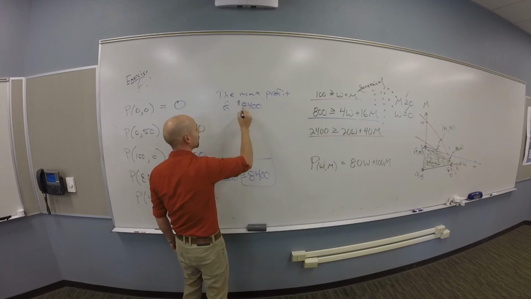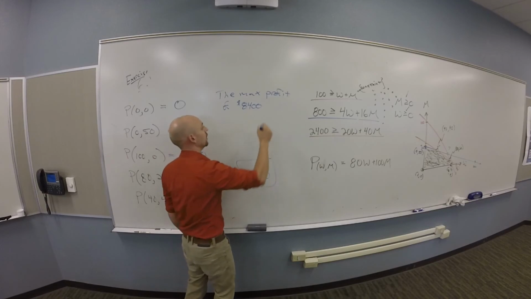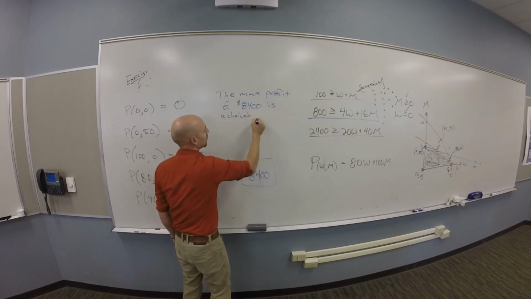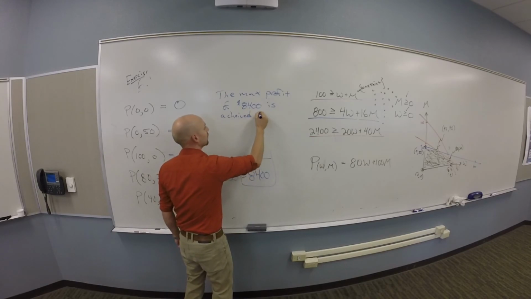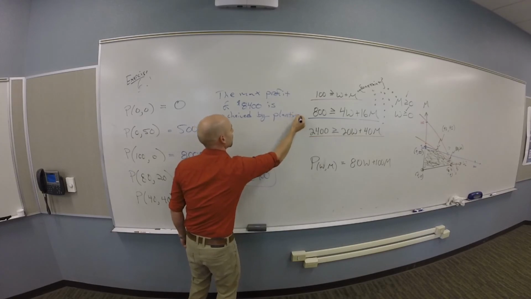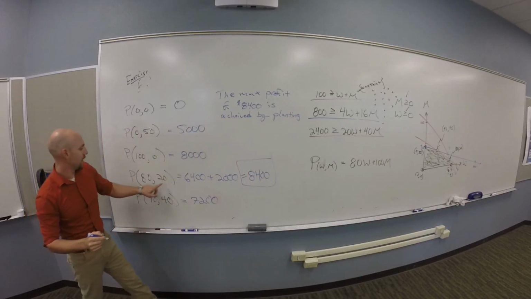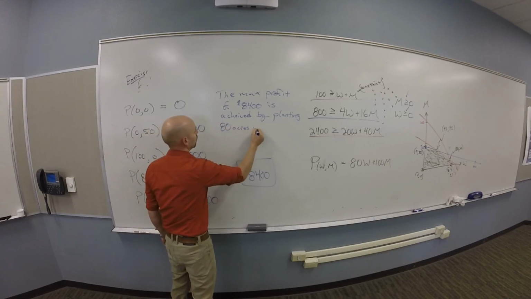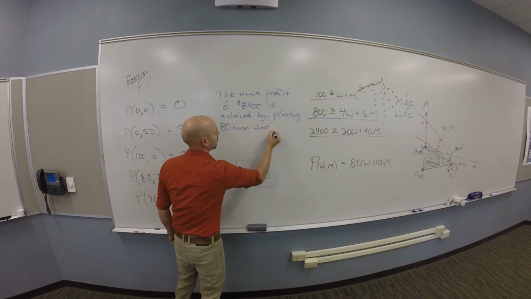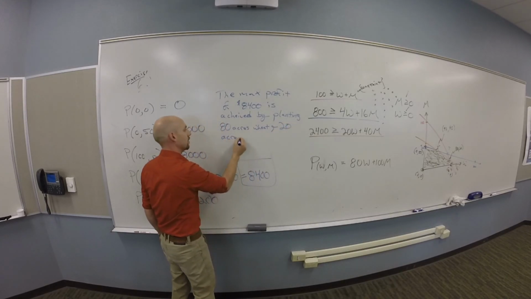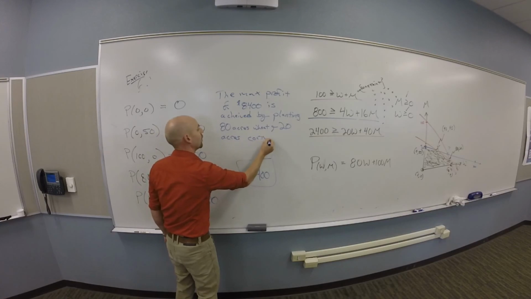Yeah, but the max profit was $8,400, right? Yeah. It is achieved by planting 80 acres of wheat and 20 acres of corn. Okay.